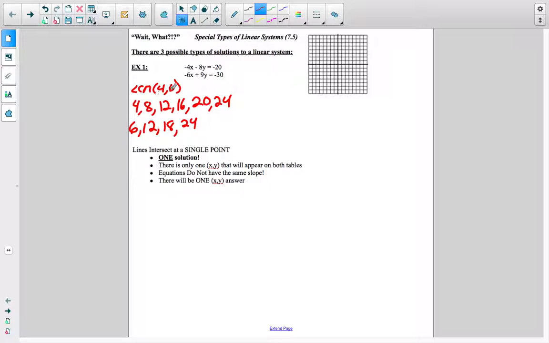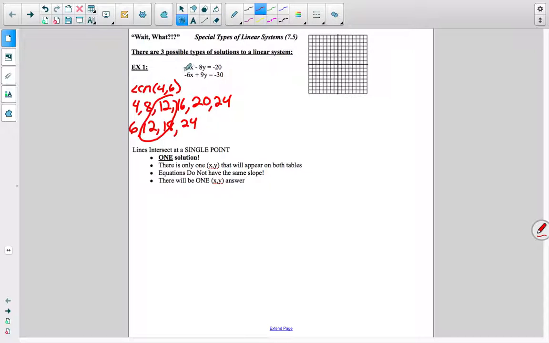A lot of people just multiply 4 and 6 together to say the least common multiple is 24. Well, that's a common multiple, and that's okay. We could multiply this by 6 and this by negative 4 to create opposite 24s. We could instead create opposite 12s, and that's what I'll do here.